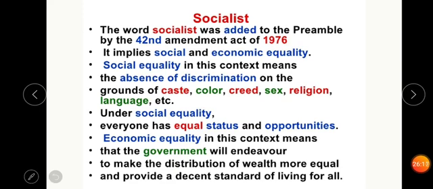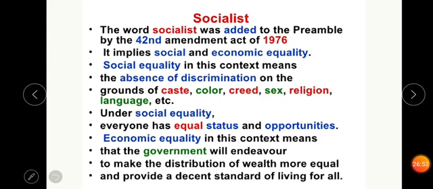There must be social and economic equality, on the basis of society and economic capacity, equally. Social equality in this context means the absence of discrimination on the grounds of caste, color, creed, sex, religion, language, etc. Under social equality, everyone has equal status and opportunities.